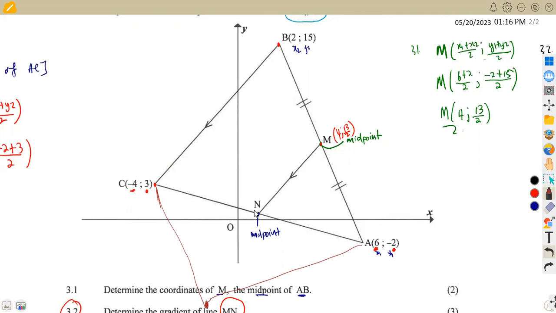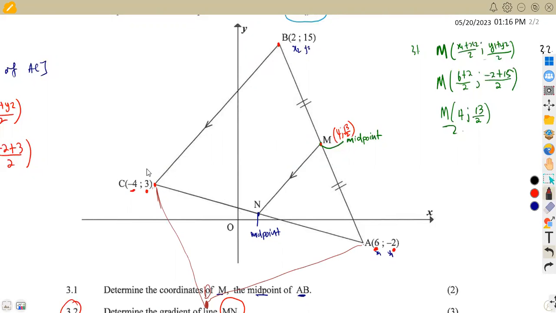So what we know is that the point D and the point B, the diagonal from B to D, and the diagonal from A to C, they bisect each other.